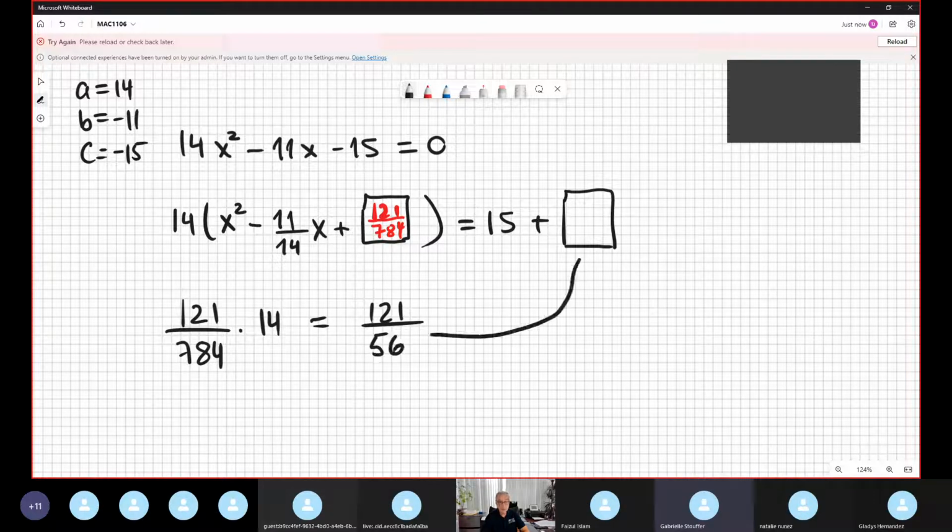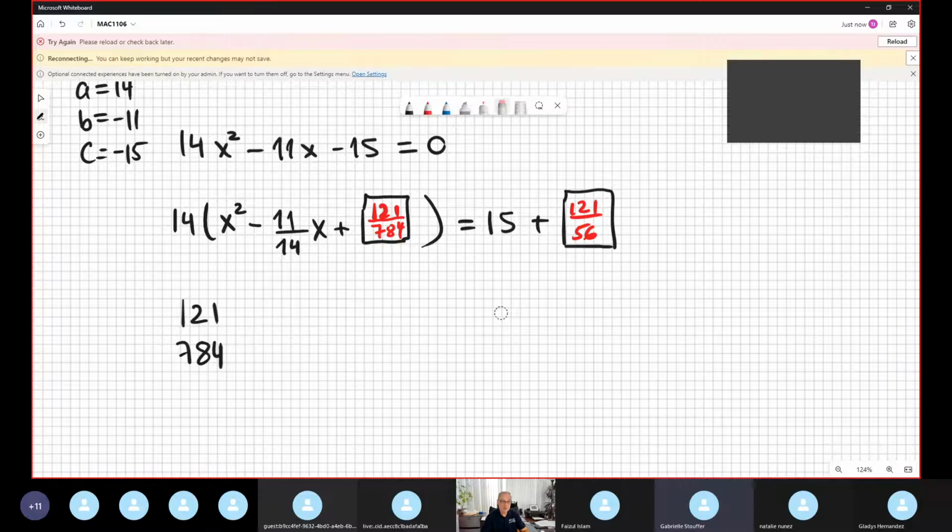I put it here. 121 over 56. Cool? That was the complicated part. The rest is pretty easy. You combine these together, you find the least common denominator, 56. 56 times 15 plus 121, the answer is 961.